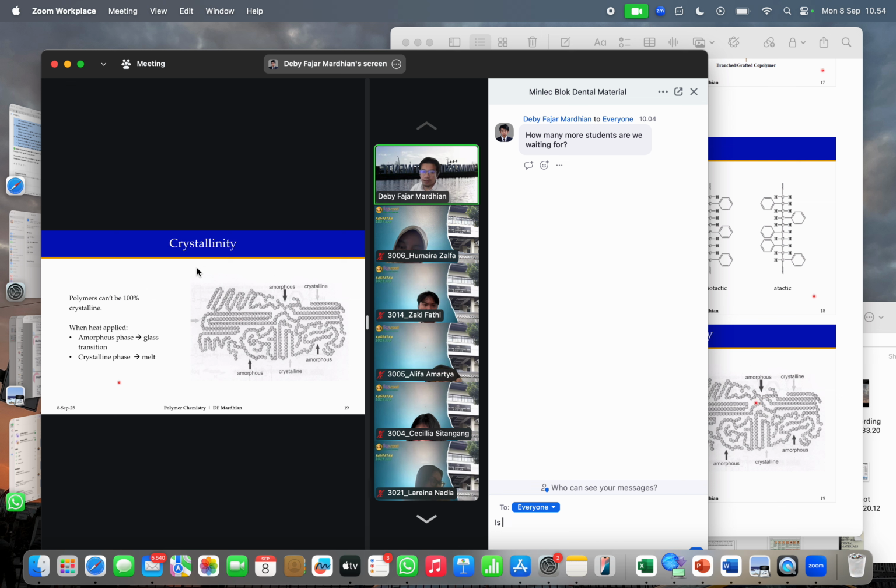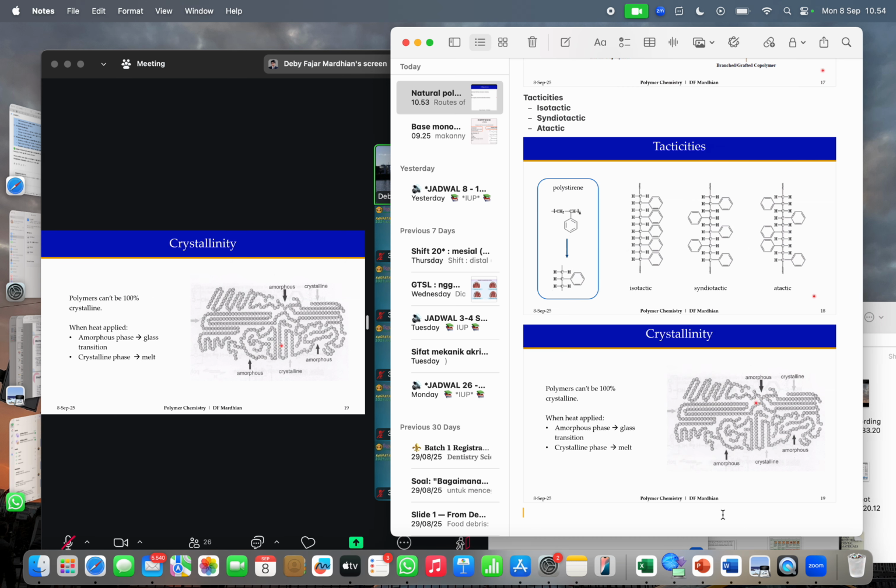And when heat is applied to the amorphous phase, the amorphous phase of the polymers will undergo glass transition. In contrast, the crystalline phase will melt because it's already in its strongest condition. So the amorphous phase will undergo glass transition, or let's say rearrangement of their molecules to create better crystallinity.